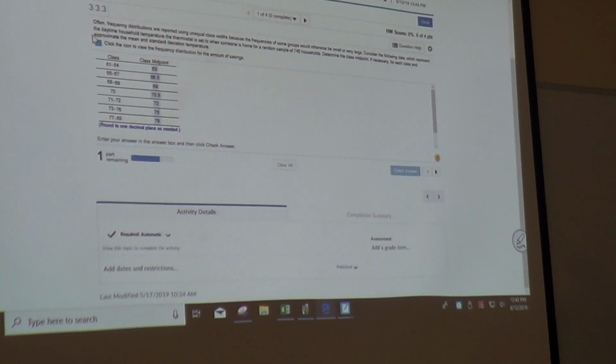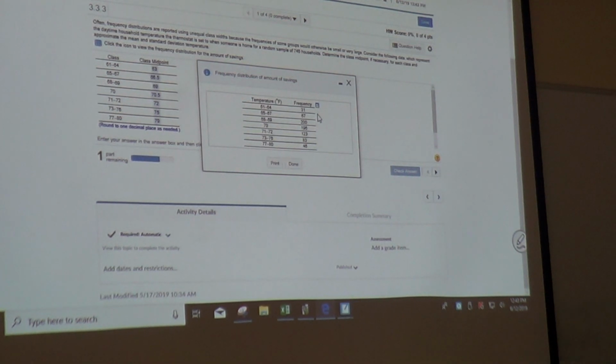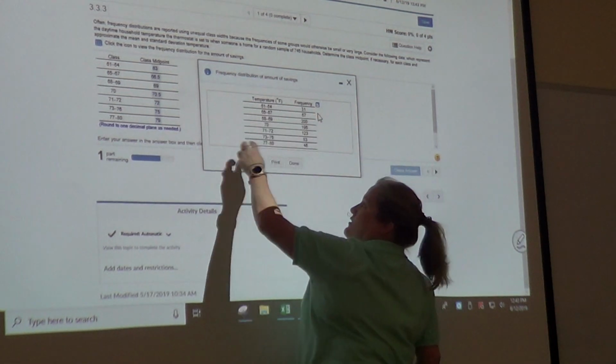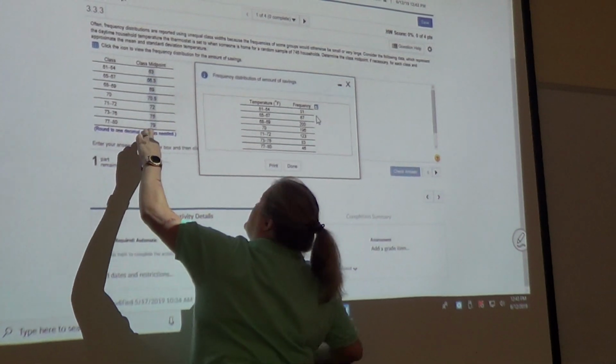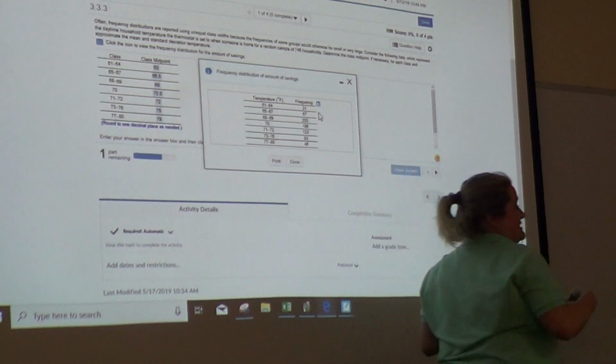Now, I cannot put both of those numbers in. So I'm going to put in the midpoint as my L1, and I'm going to put the frequency in as my L2.